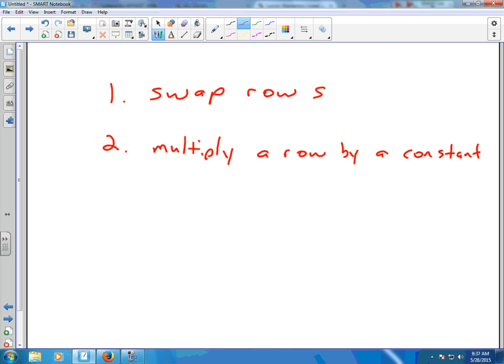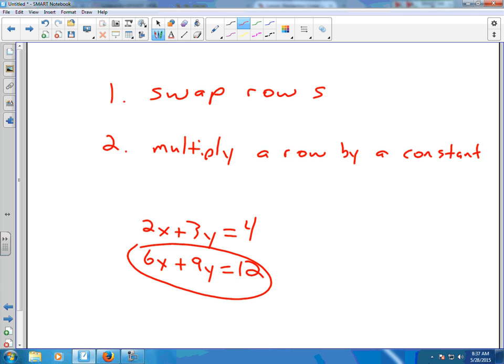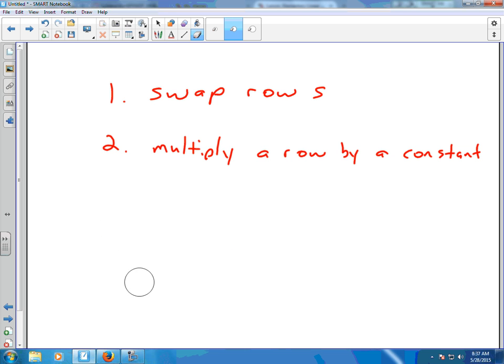Because if you think about it, if we've got some equation, if we just multiply both sides of that equation by a constant, for example, if we multiply both sides by 3, we've changed what that equation looks like, but isn't that equation equivalent to that one? As long as we did the same operation on both sides of the equation, they're the same. So if we multiply a row by a constant, then that's okay.